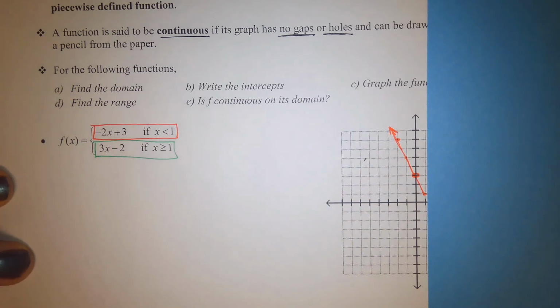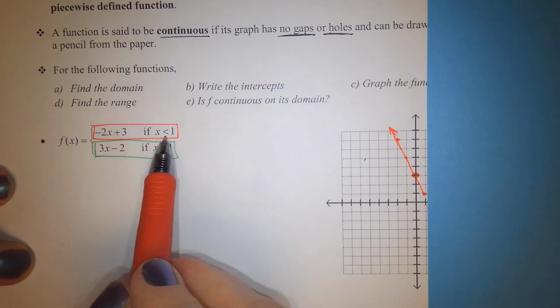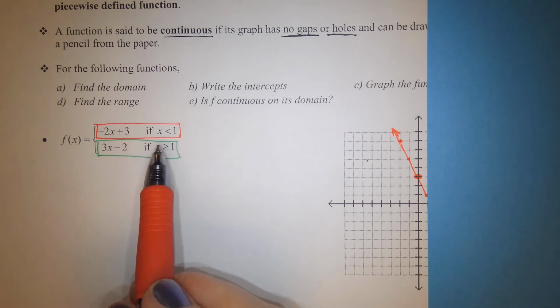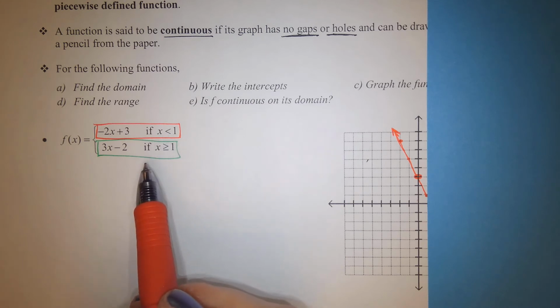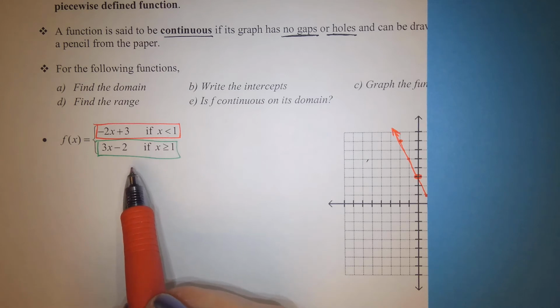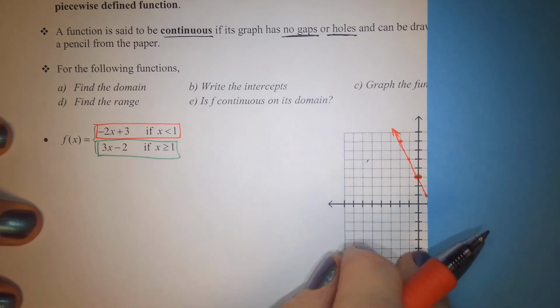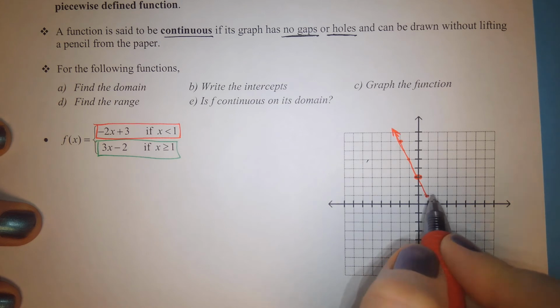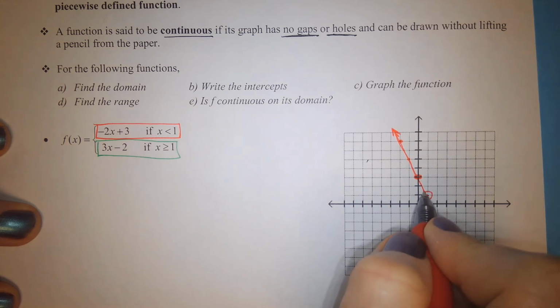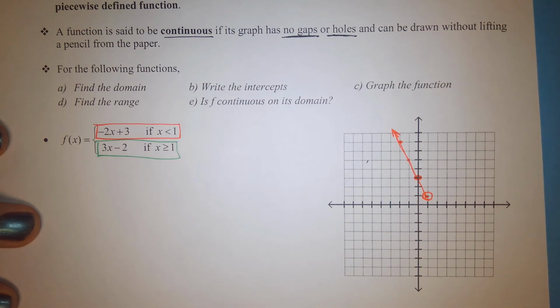This piece of my function will look like this. Now notice the endpoint is not included. This is only for when x is less than 1. So I'm actually going to show a hole at the endpoint right here, because that point is not included.